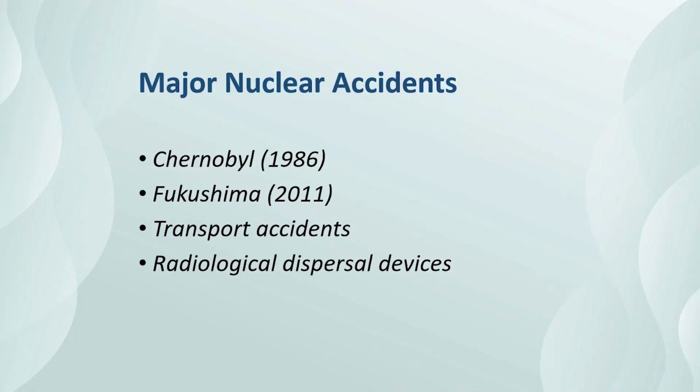Transport related accidents: radioactive materials used in medical and industrial applications can cause radiation exposure if involved in transport accidents. Radiological dispersal devices, also known as dirty bombs, may be used by terrorists to spread radioactive materials.